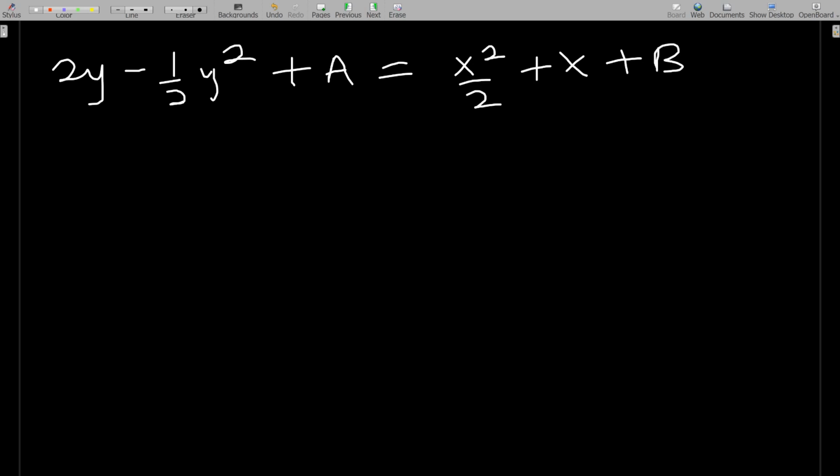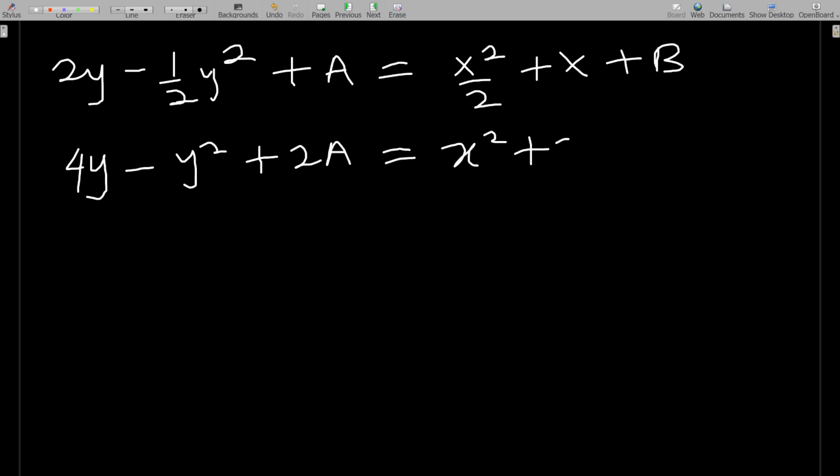All right, so if I multiply through by 2, I get 4y. I want to get a linear expression; I don't want to see fractions. Then minus y squared plus 2a equals x squared plus 2x plus 2b, where a and b are constants of integration.